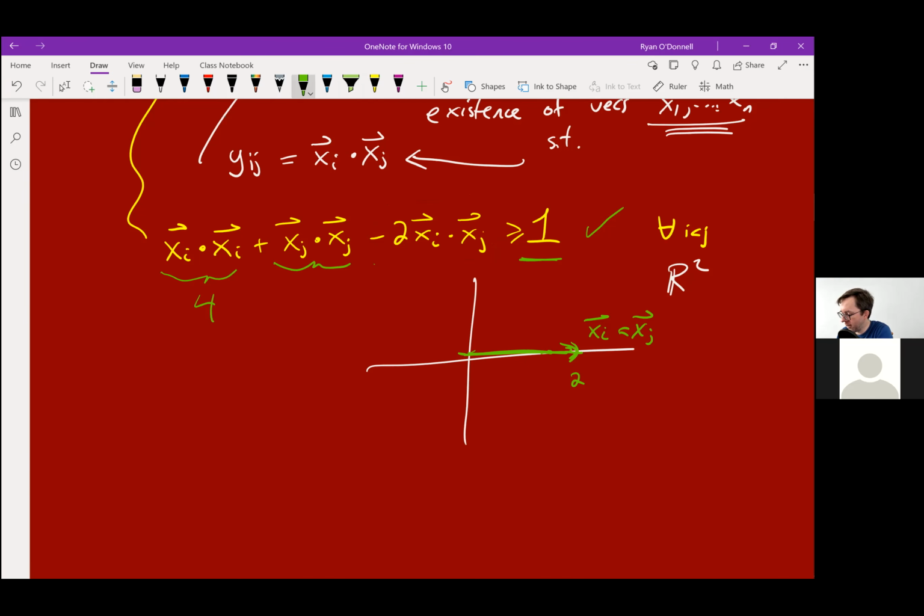So this would be 4, this would be 4, so you get 4 plus 4 minus 8, which is 0. It wouldn't satisfy because 0 is not bigger than 1. There's not at least 1. Does that make sense? Yes. Okay.